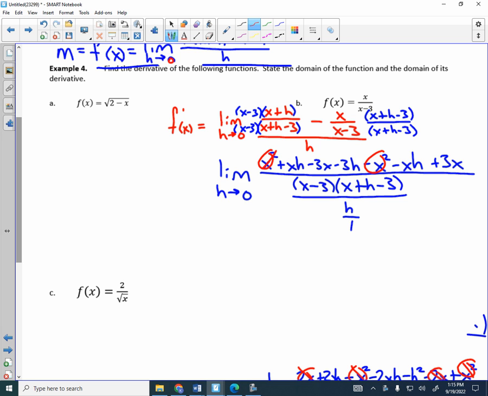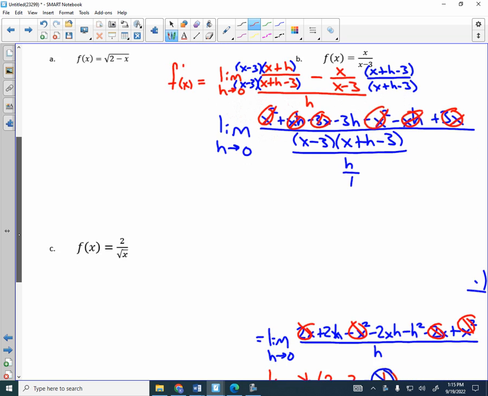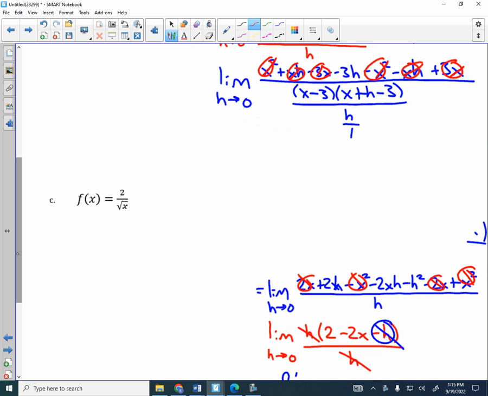X squareds cancel. Negative 3x and positive 3x cancel. The xh and the negative xh cancel. So I get the limit as h goes to 0 of negative 3h over x minus 3 times x plus h minus 3.